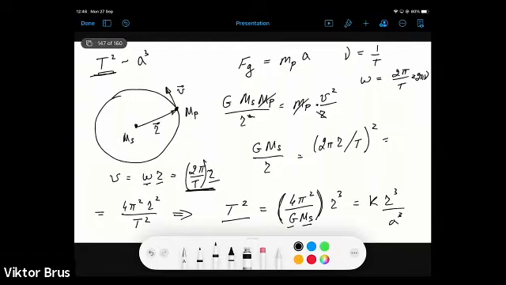In our next discussion on Wednesday, we will start from using these three Kepler's laws in order to show how originally Newton derived this universal gravity law, this equation which we introduced at the beginning.